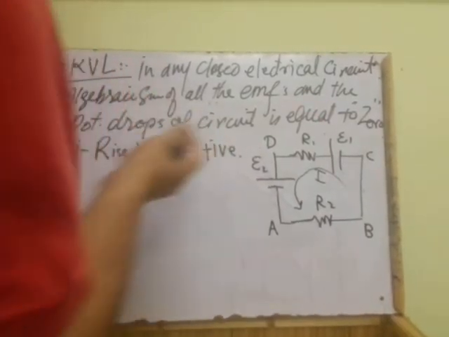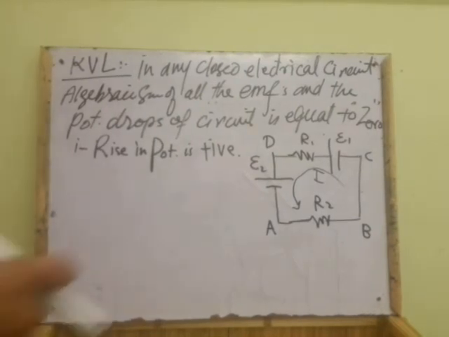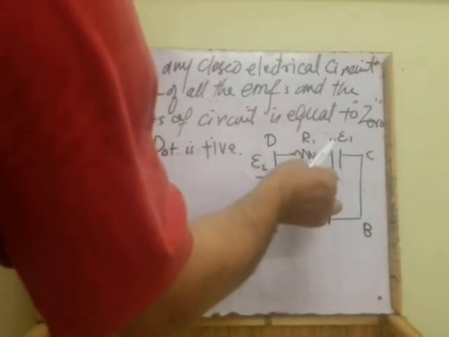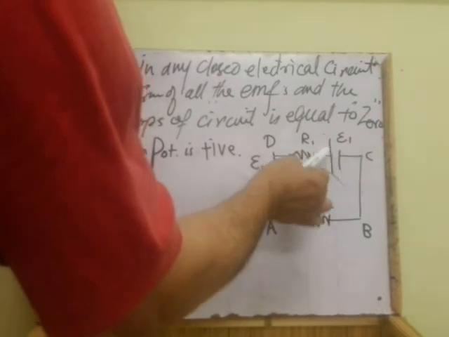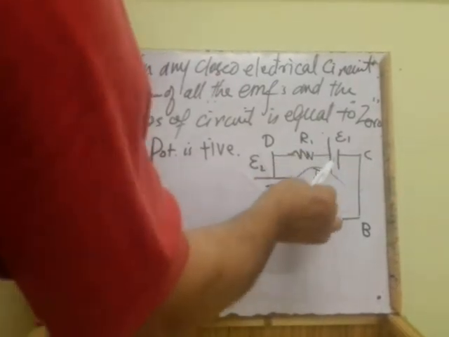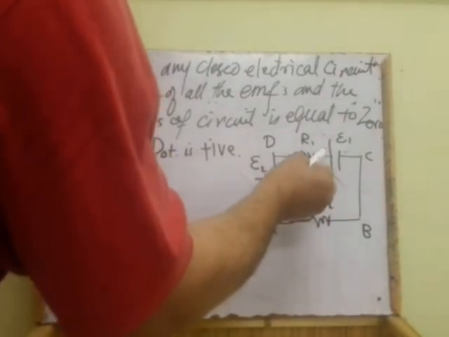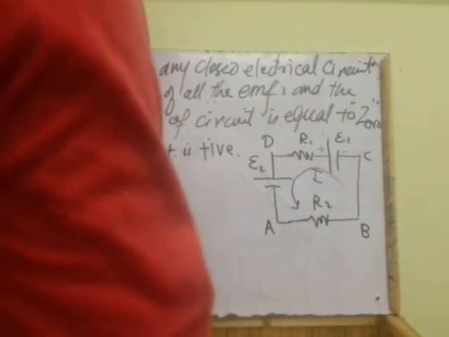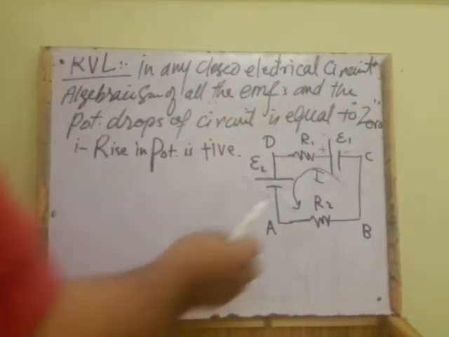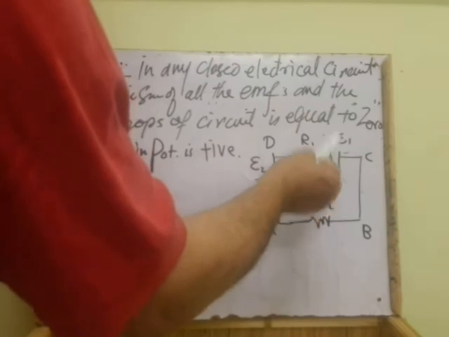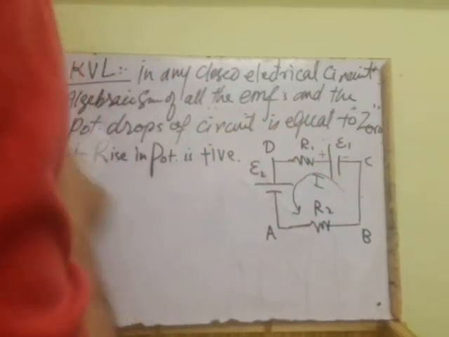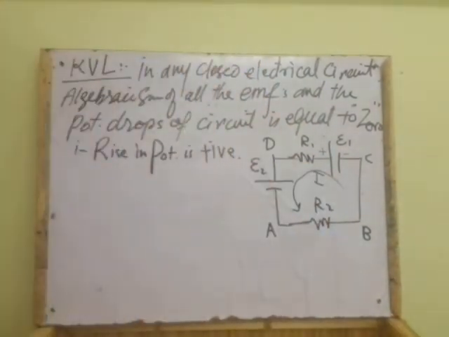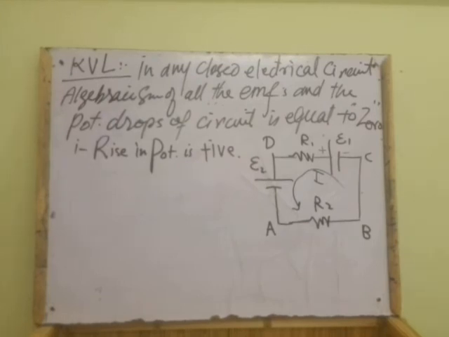What is meant by rise in the potential? For example, when the current is flowing through E1, inside the battery E1, the current is actually flowing from negative to positive terminal of the battery. So actually the potential is increasing. So we can take this increase as positive.